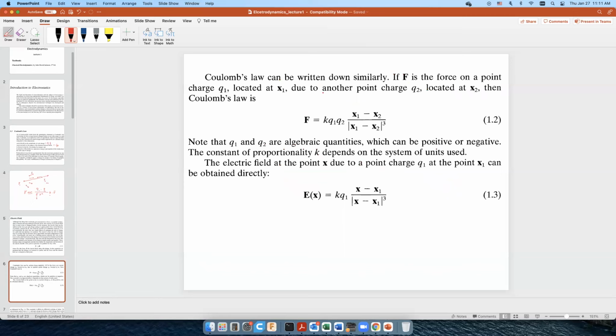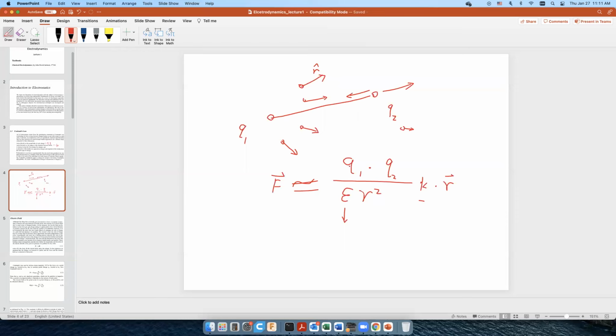And then Coulomb's law can be written in this form again. Here we write it as Q1 Q2 over r squared times a constant times a normalized r, which is the direction of the Q1 Q2 connecting line.